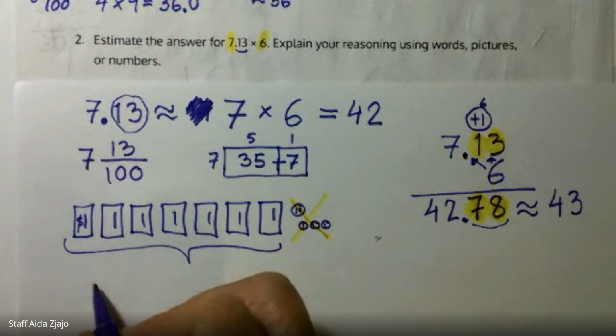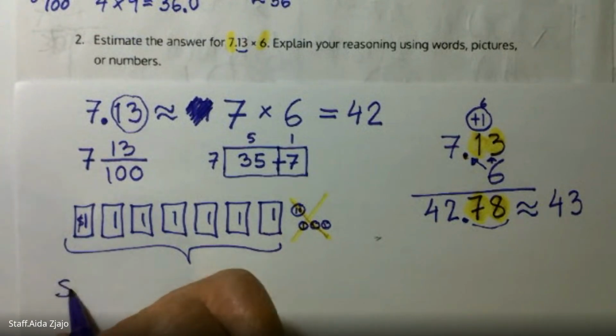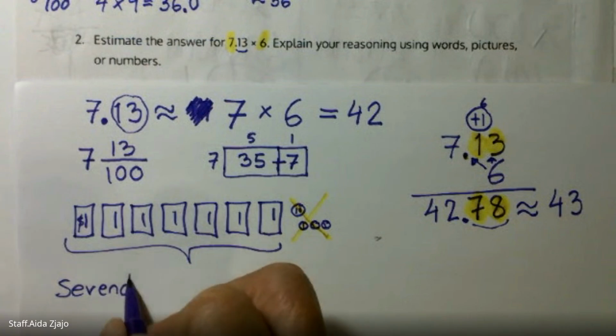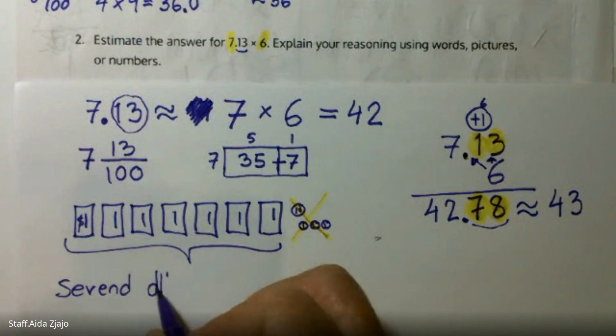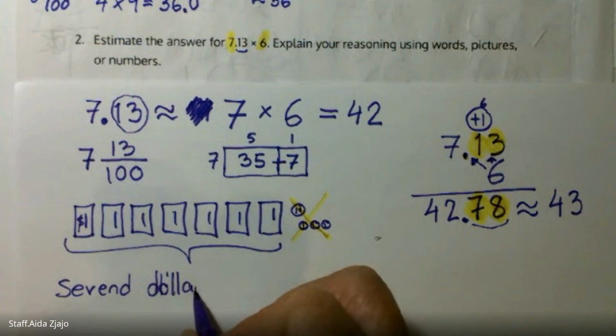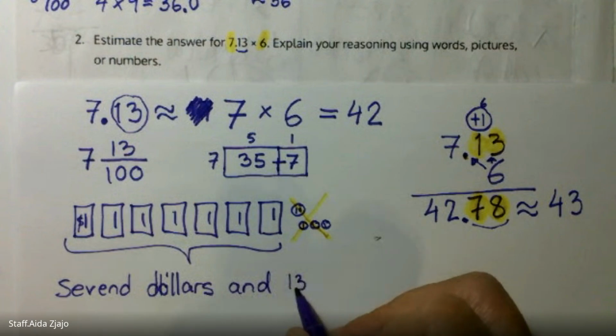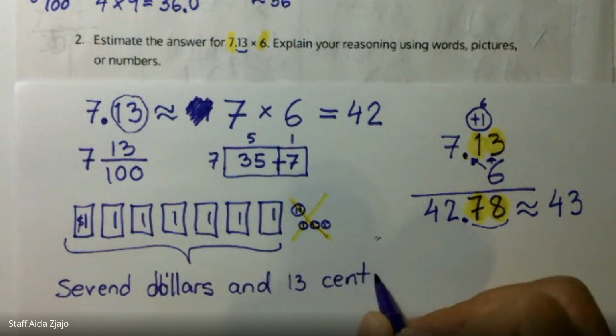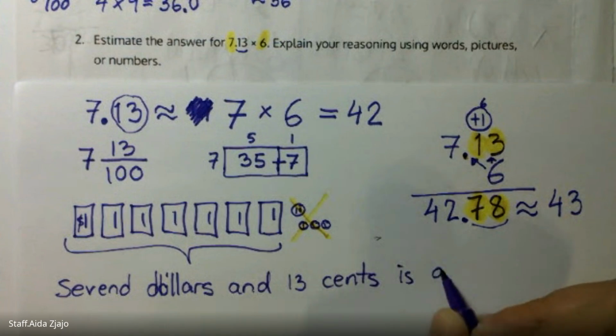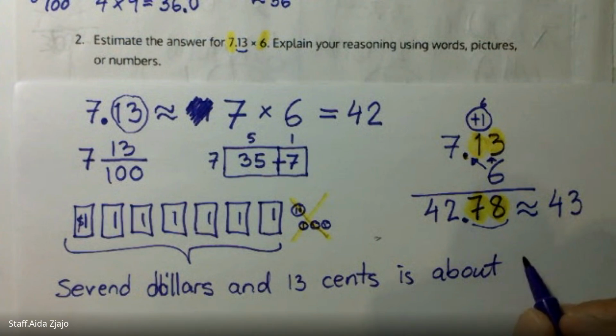So we can also write $7 and 13 cents is about $7.